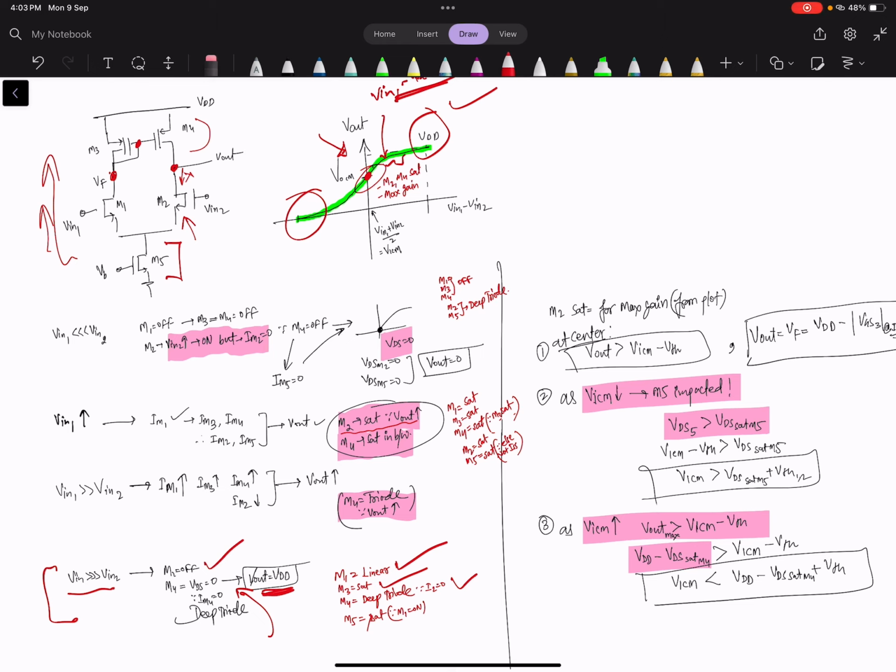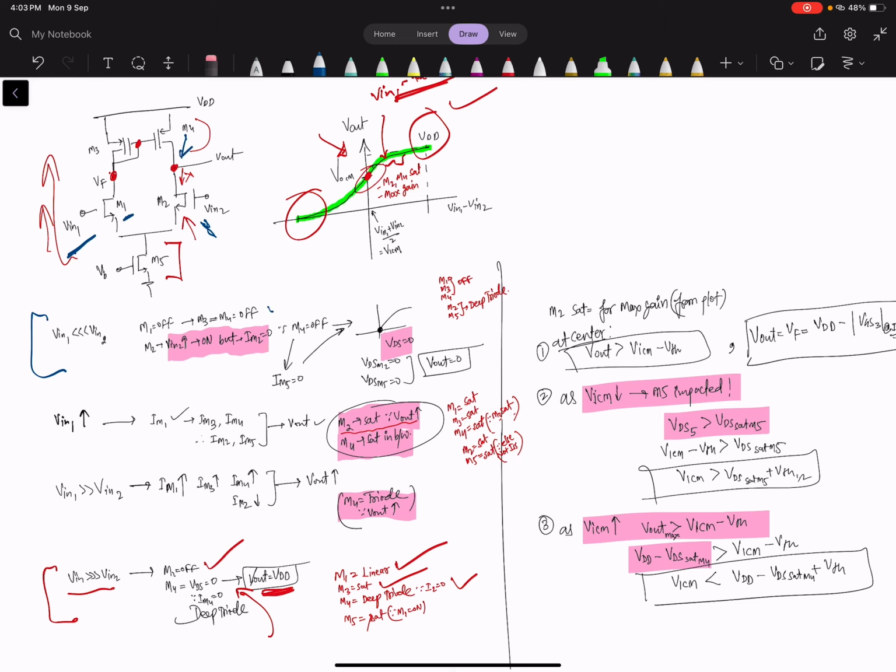Okay, now let's see when Vin is very low. Simply, if this is low, M1 is off, no current through this.